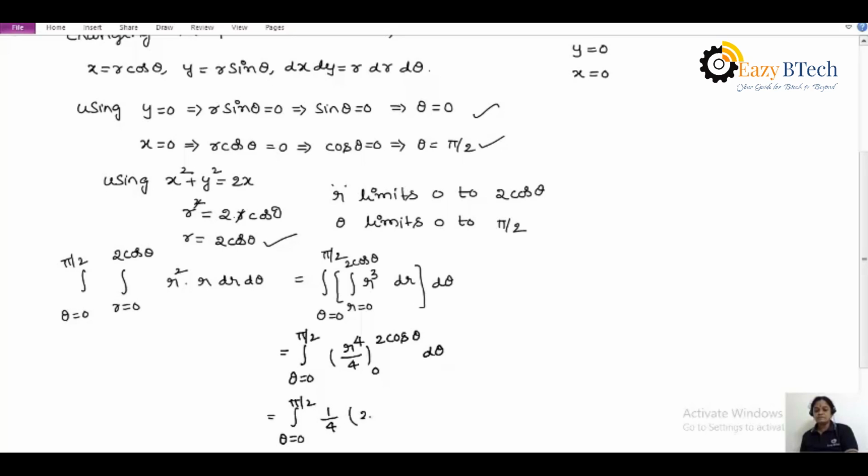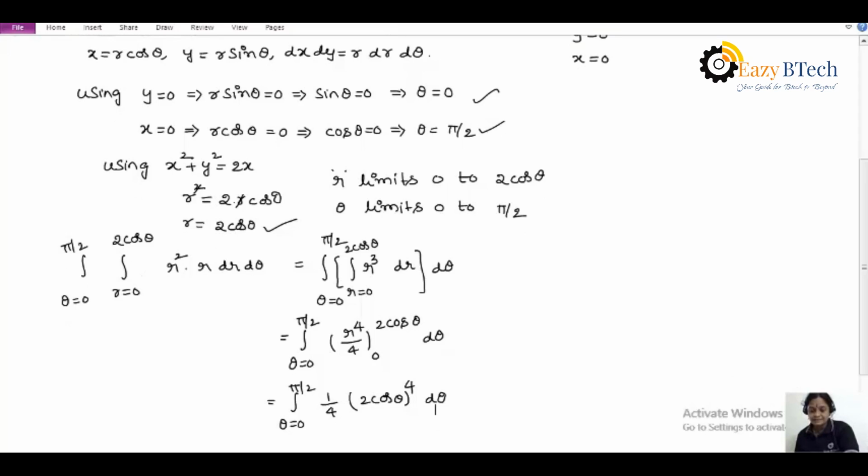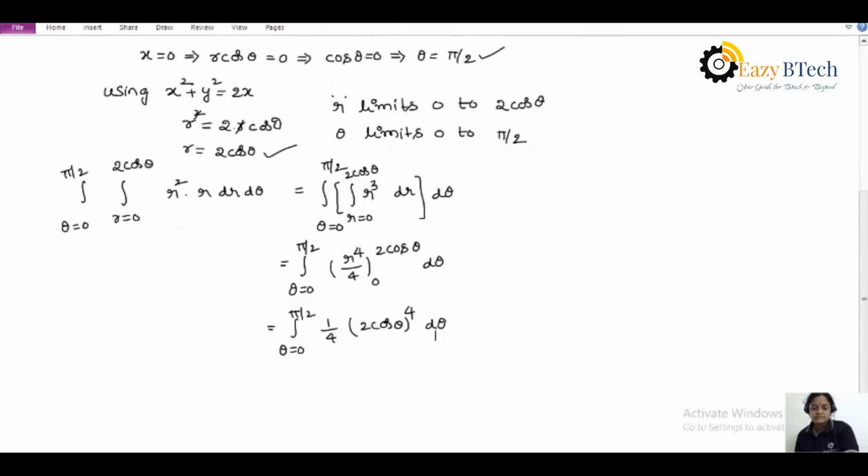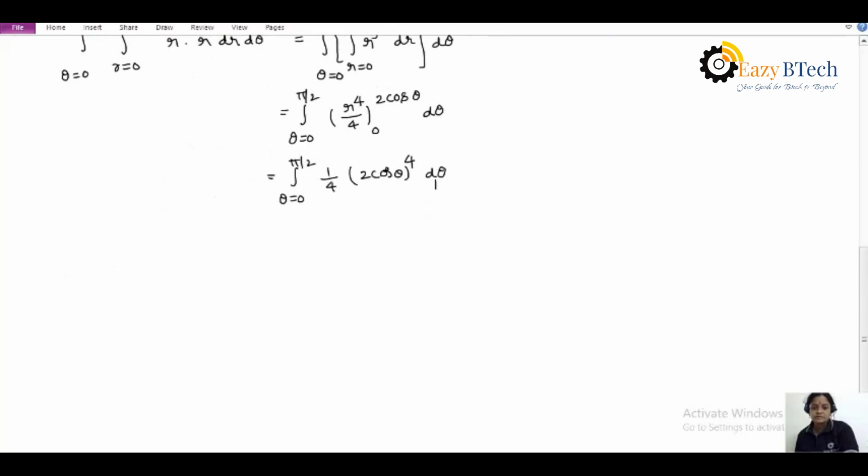For r I am substituting 2 cos theta whole power 4 into d theta, because in the place of r only we are substituting the limit 2 cos theta. Then r power 4 is there, that means 2 cos theta whole power 4. Yeah, 1 by 4 into integral theta is equal to 0 to pi by 2, 2 power 4 cos power 4 theta and again d theta.